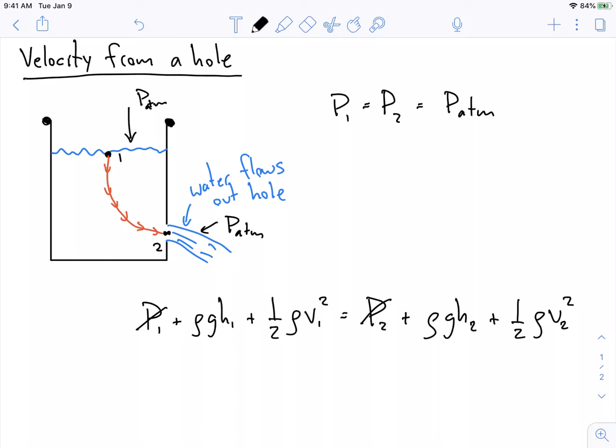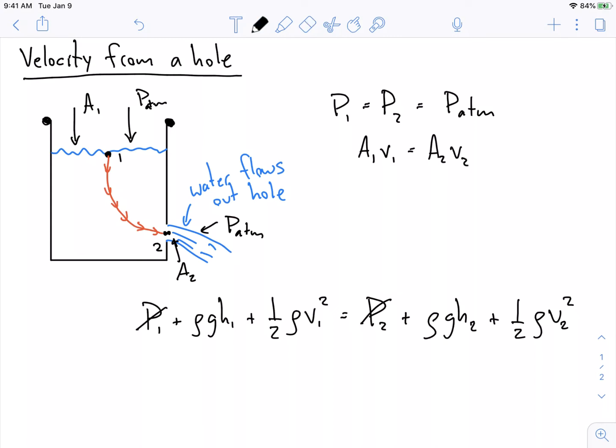What's the second thing to realize in these problems? Well, the second thing to realize is that at the top, we have some big area here, A1, and at the bottom, we have some little area, A2 here. And if we look at the continuity equation, what does it tell us? It tells us that A1 V1 is equal to A2 V2.